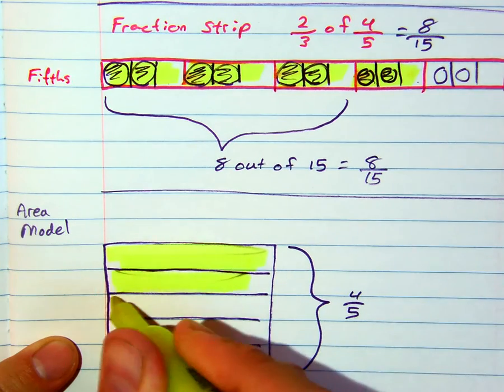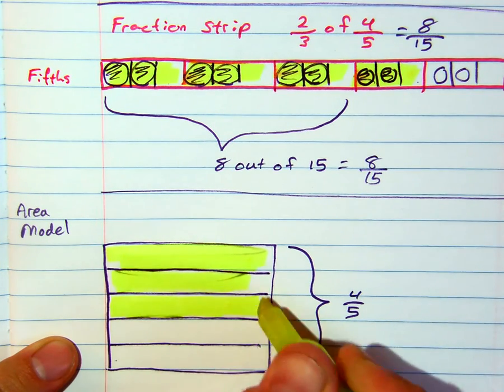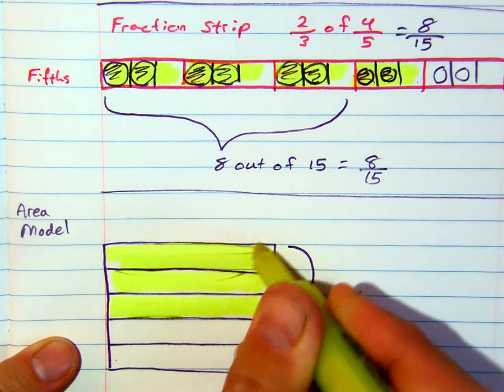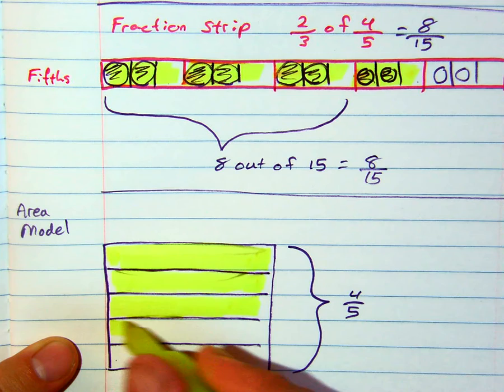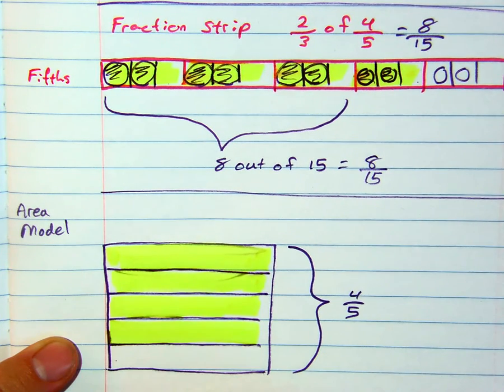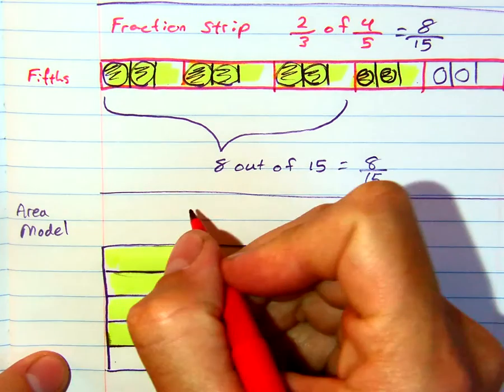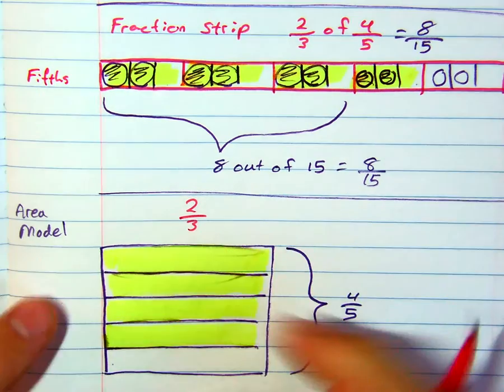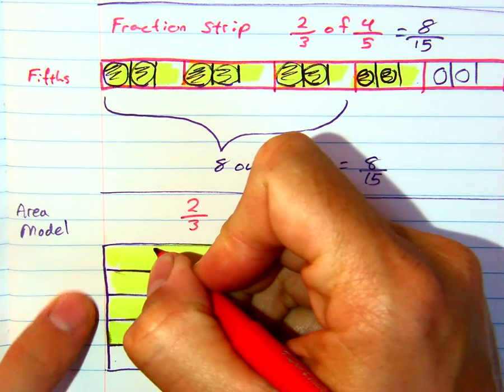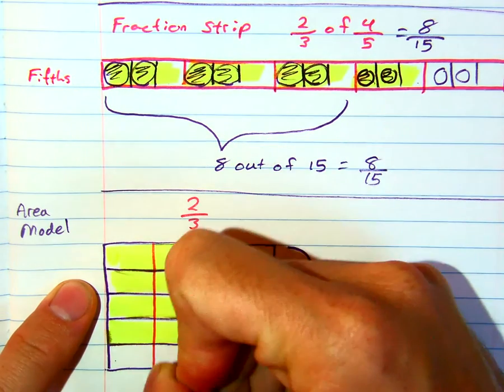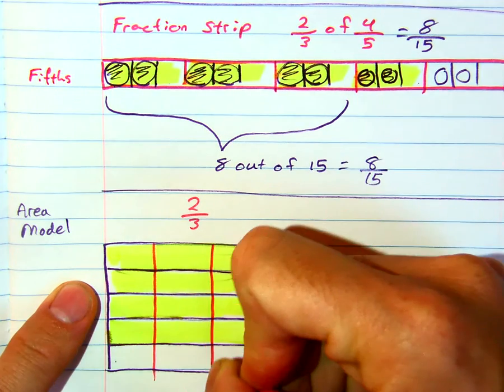If you have color pencils at home and you use primary colors, it's really going to stand out to you how this model can work. All right, now coming back through, I want to show my 2/3, so I need 3 columns. 1, 2, got 3 columns.